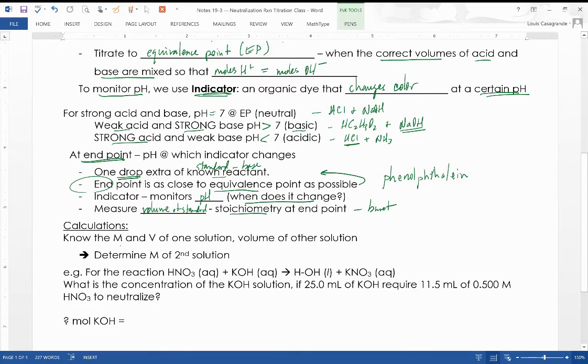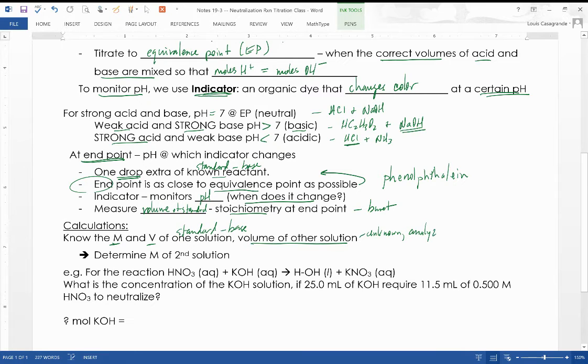So as I said, we're going to know the molarity and the volume of one solution. Again, that's going to be our standard solution, and again, in our lab, that's going to be the base. And we're going to know the volume of the other solution. That's the unknown solution. We can call that the analyte.